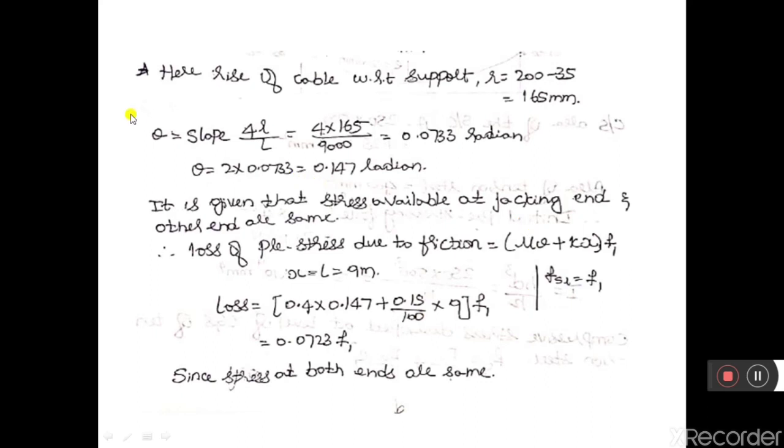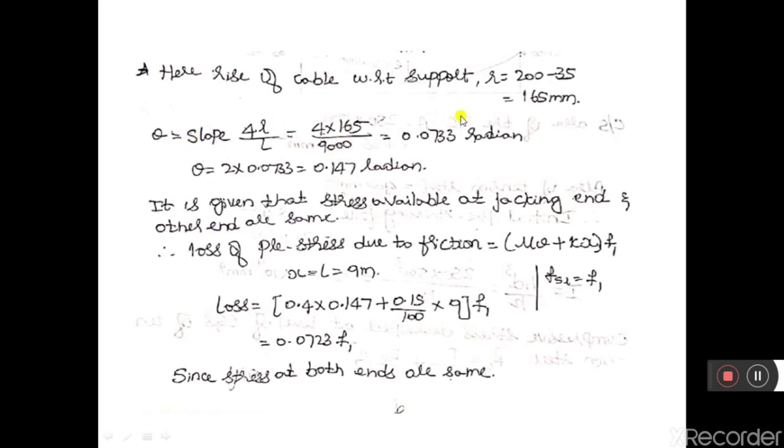So theta is equal to slope. Here the cable is being pulled only from one end, therefore theta is equal to slope, and slope is equal to 4r by L, which is equal to 4 into 165 divided by L. L is the span of the beam, it is 9 meter, so in terms of millimeter it is 9000 millimeter.